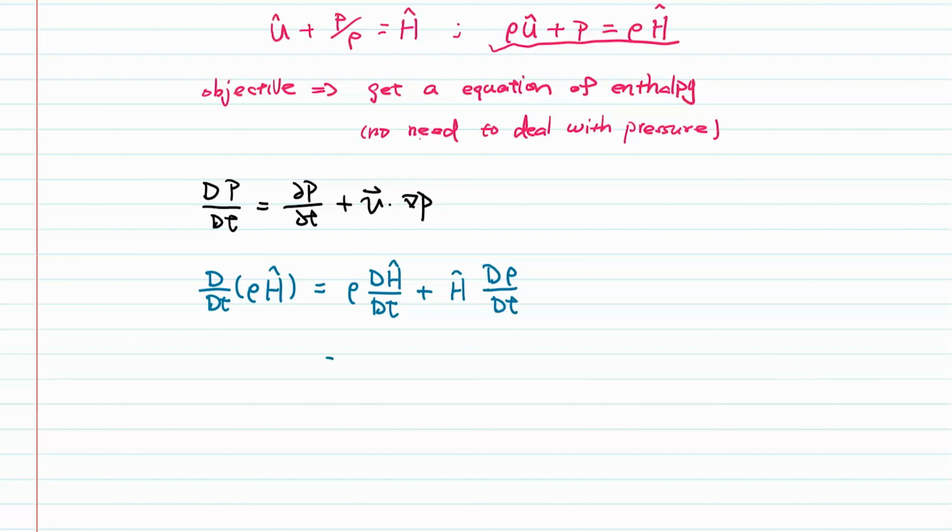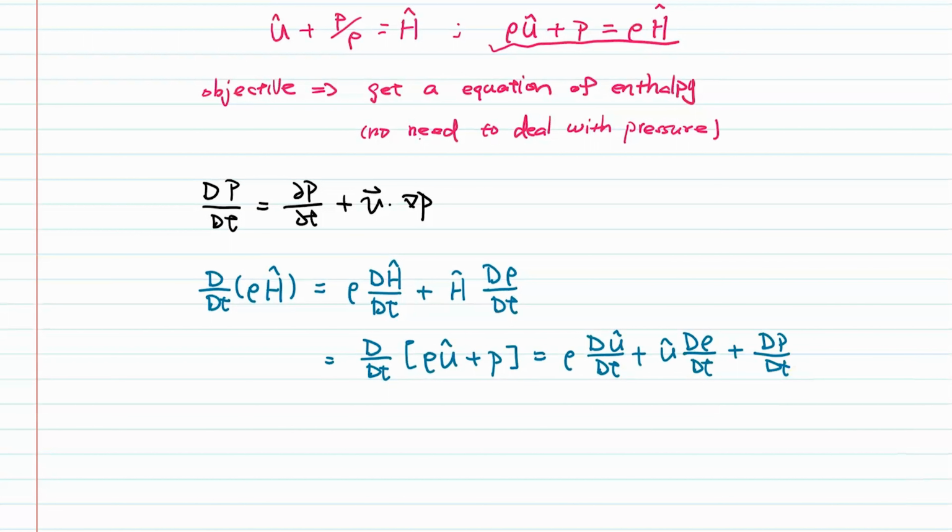And this equals D/Dt of rho times (U plus P), which equals rho DU/Dt plus U D rho/Dt plus DP/Dt.